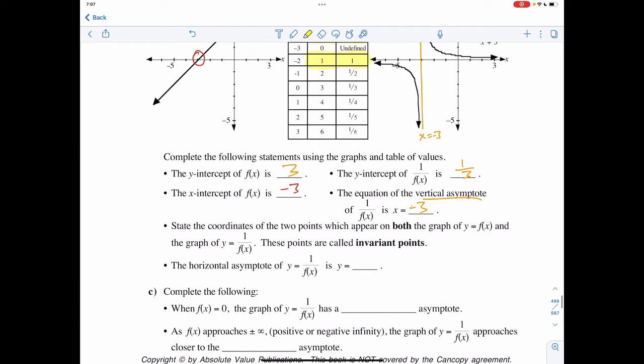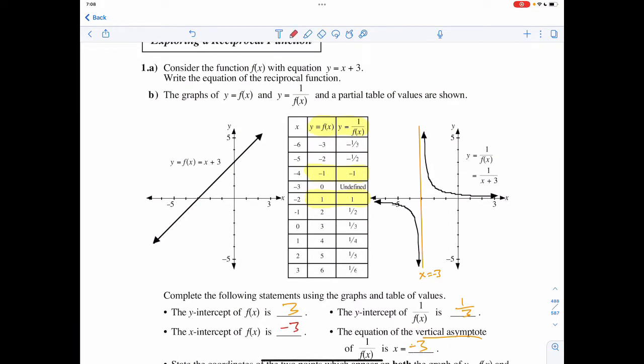Now, why are those points the same? Because the reciprocal of 1 would be 1 over 1, which is still just 1. The reciprocal of negative 1 would be negative 1 over 1, which is still just negative 1. So anytime that y is equal to either 1 or negative 1, those points exist in both graphs.